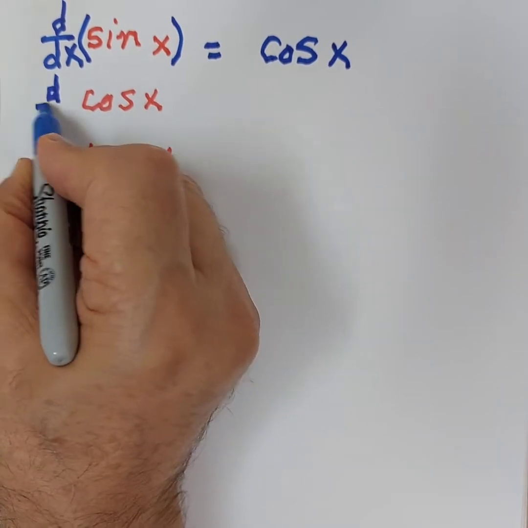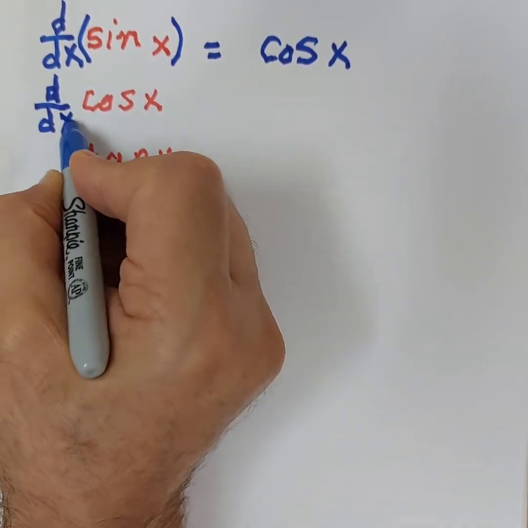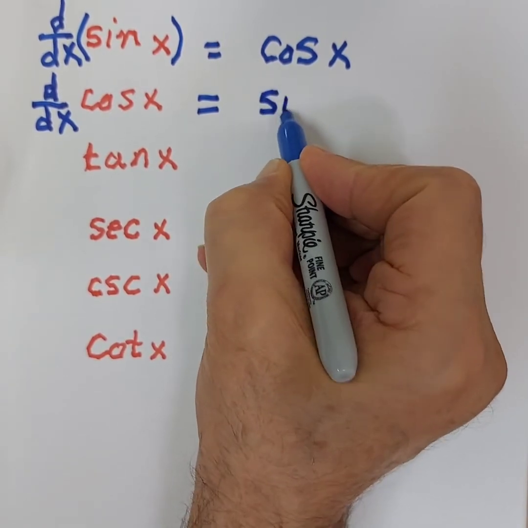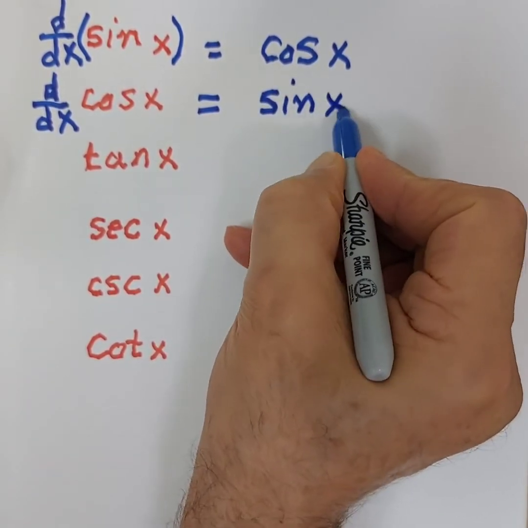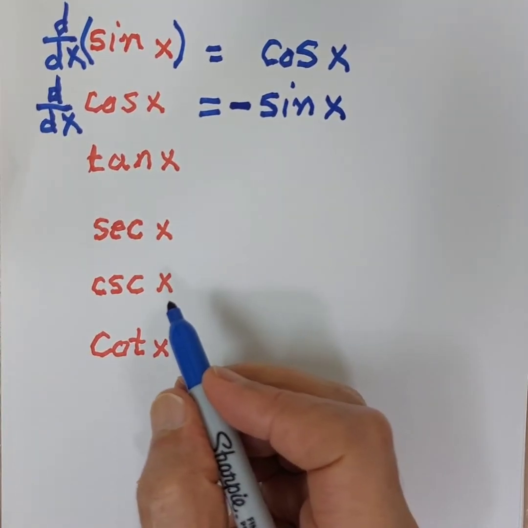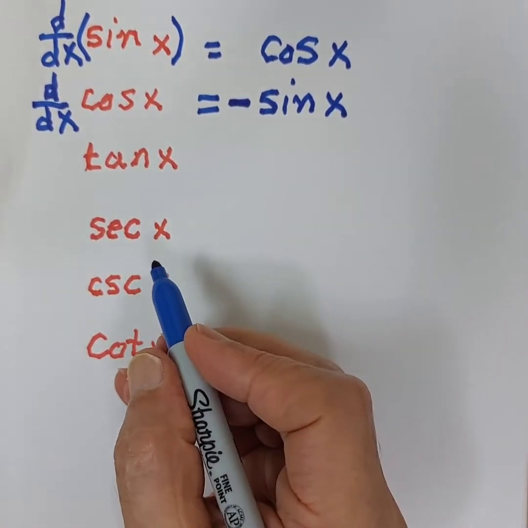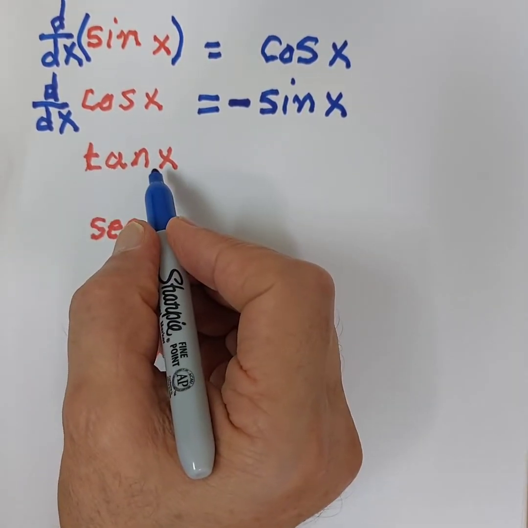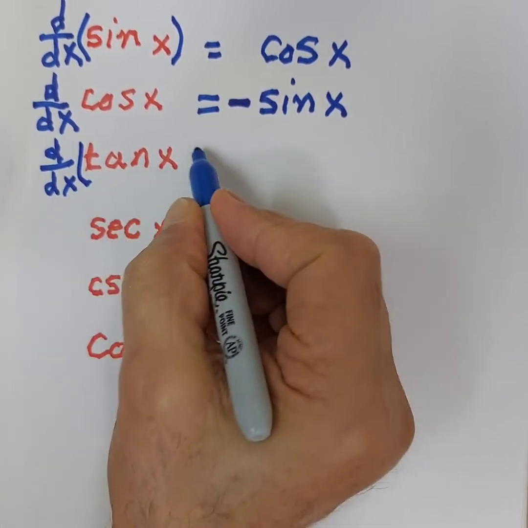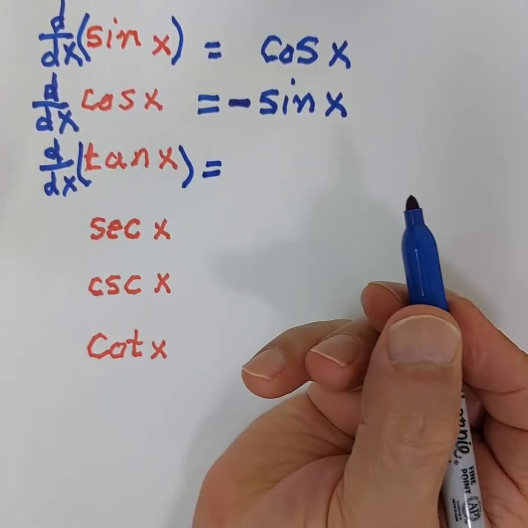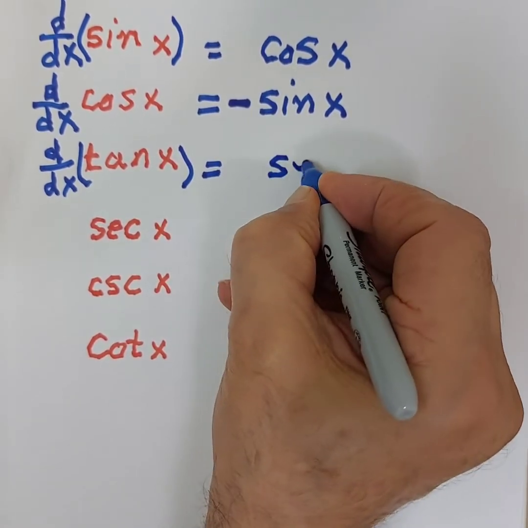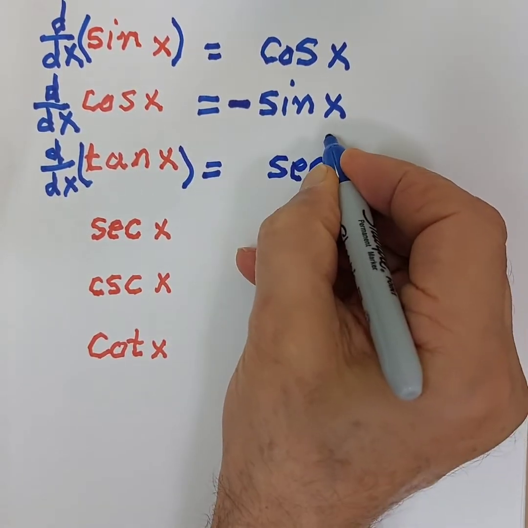Derivative for cosine, we can say it's sine, because there should be a minus. It's minus sine x. Derivative of tan x, d by dx tan x, is secant squared x.